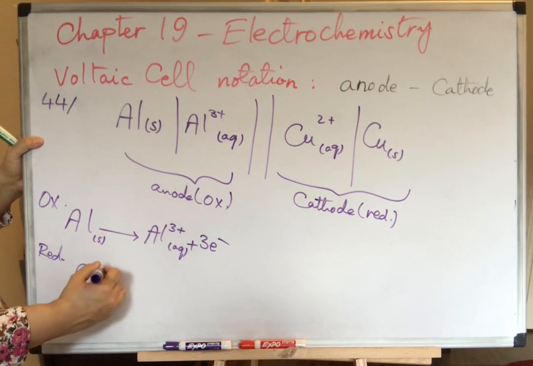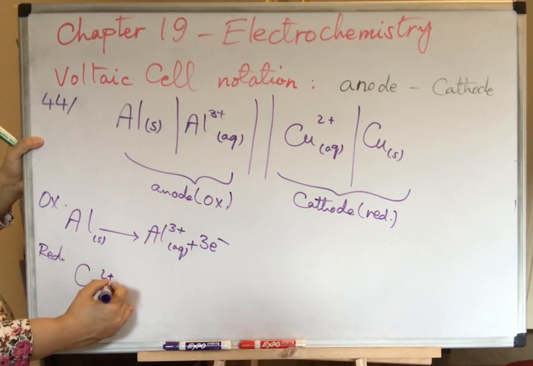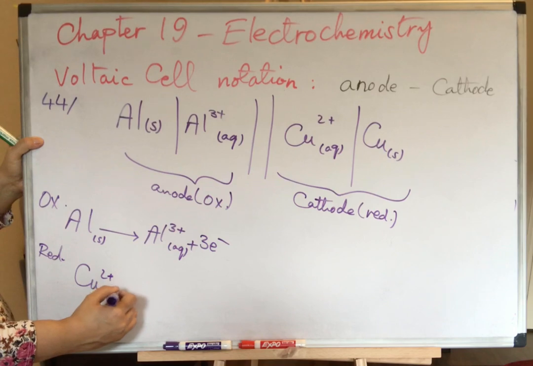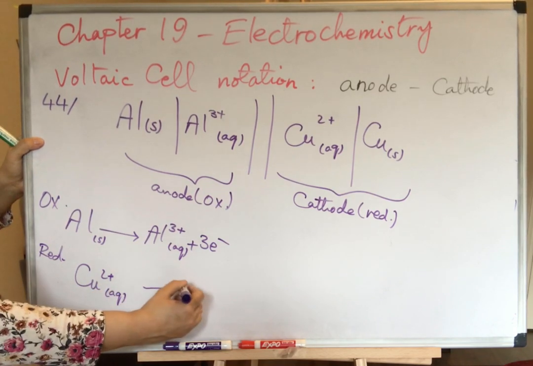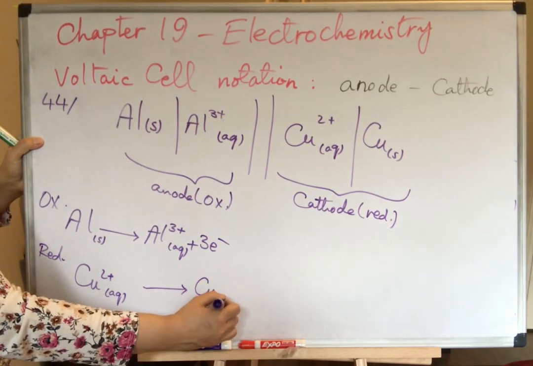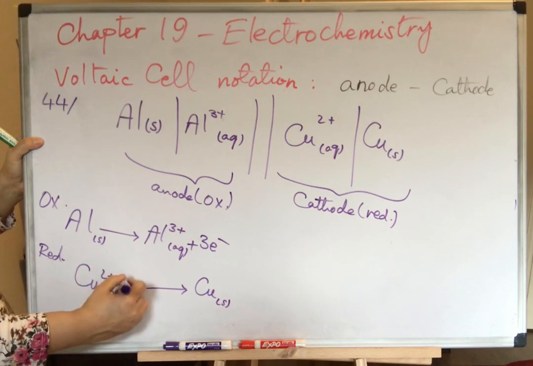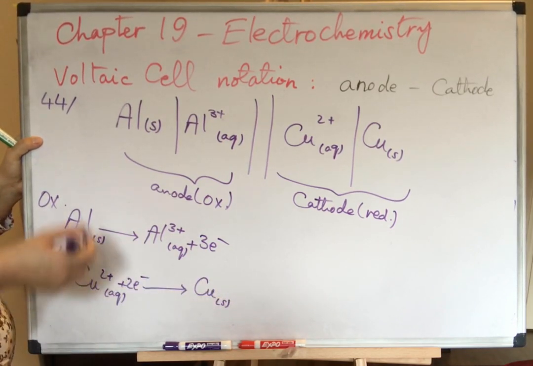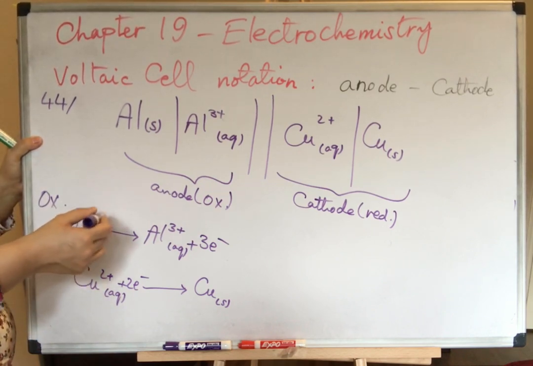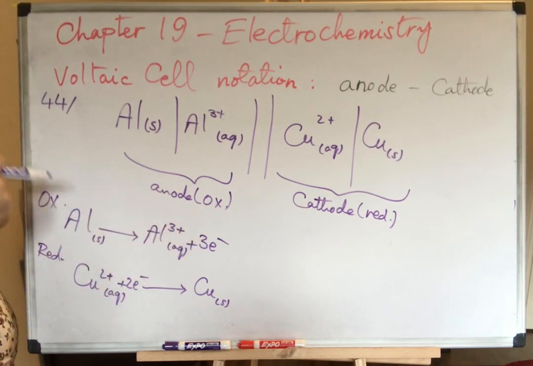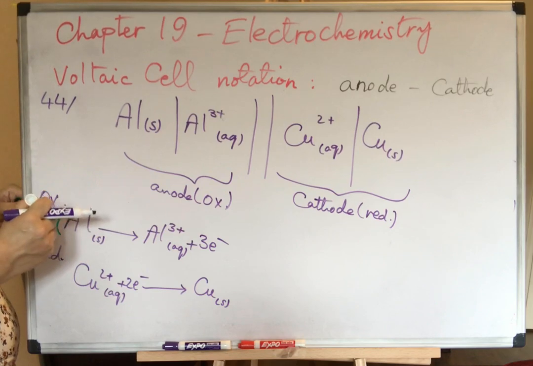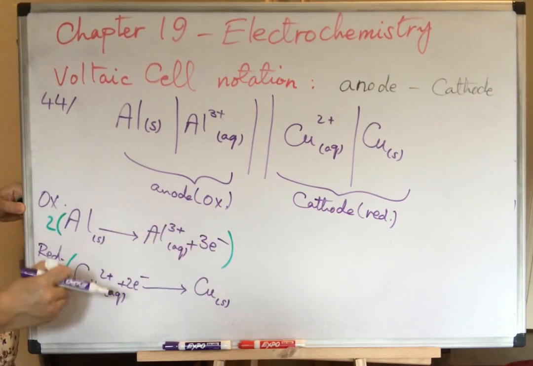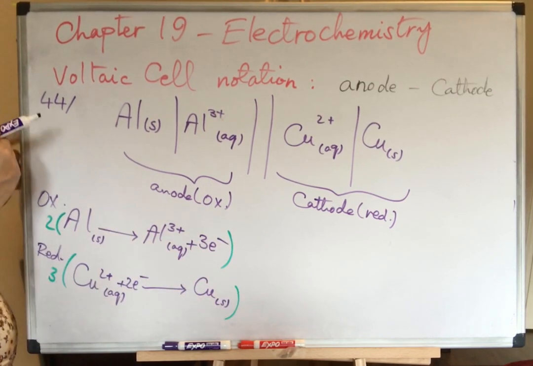You have copper 2 plus. How many electrons does copper need? 2 electrons. Now, you cannot add them to each other and get the final because your electrons are not the same. So what do you do? You multiply this by 2 and multiply this by 3.